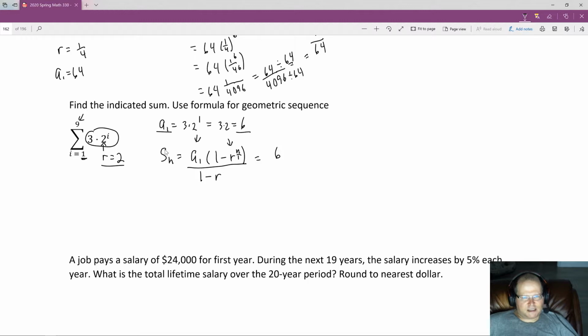First term is 6. 6 times 1 minus r, being 2, to the nth power, which in this case is 9. So n is 9. And then over 1 minus r, which again is 2. So what we do is 6 times 1 minus 2 to the 9th power, which is 512.